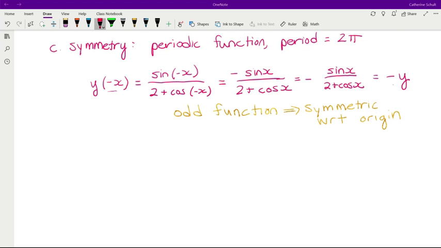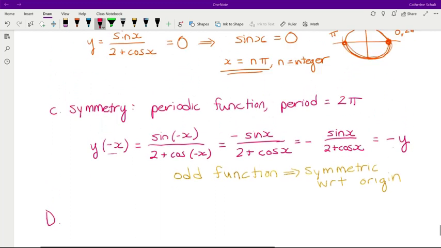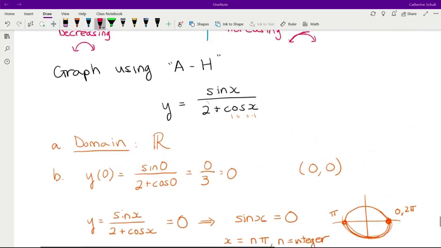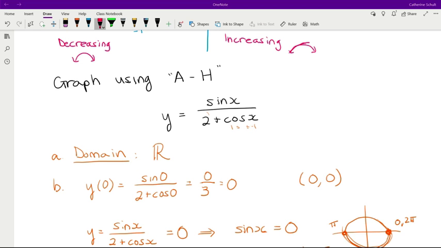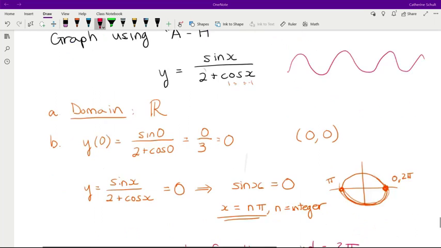Okay, and then you guys found your asymptotes. Let's see. Again, let's go back to our function. We already talked about how we don't have any domain restrictions, so we won't have vertical asymptotes. And then as x goes to infinity, right, these values are just going to keep cycling, right? So our graph is an oscillating graph. It's not going to go off to infinity.